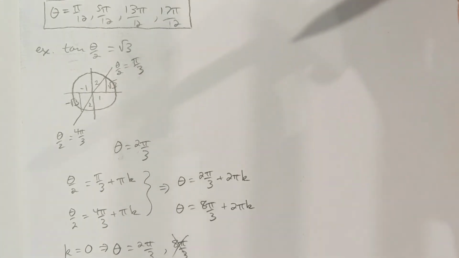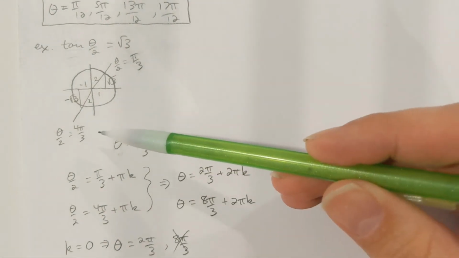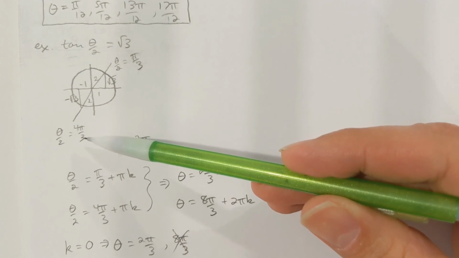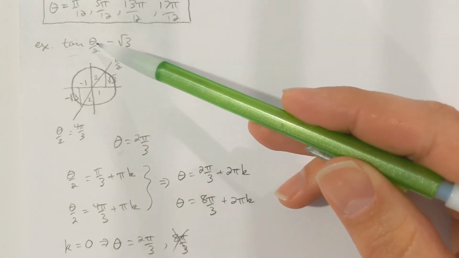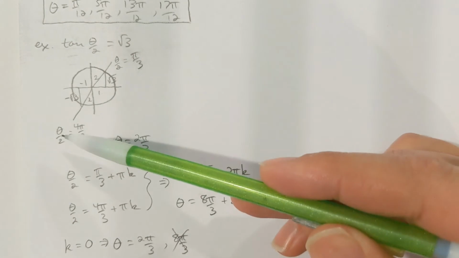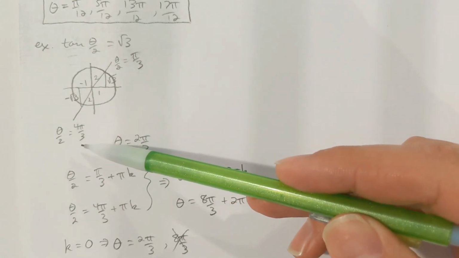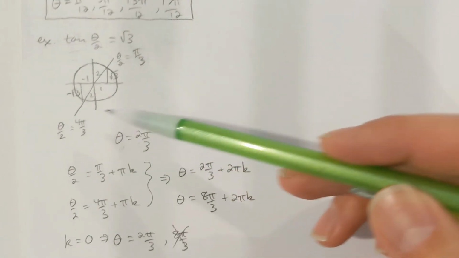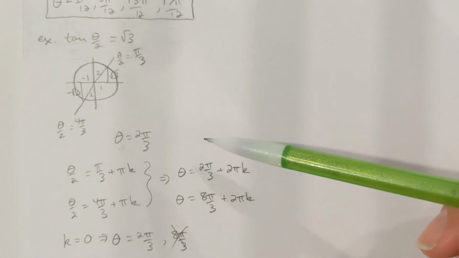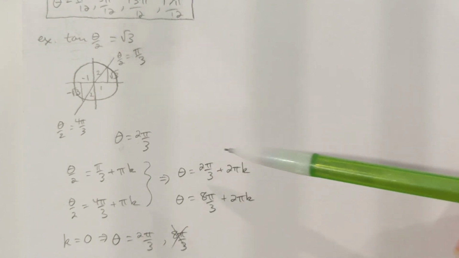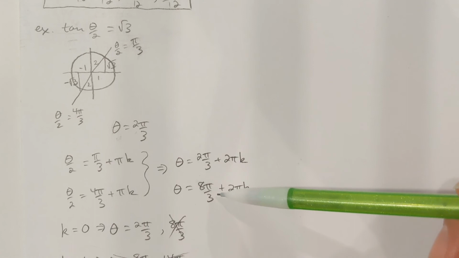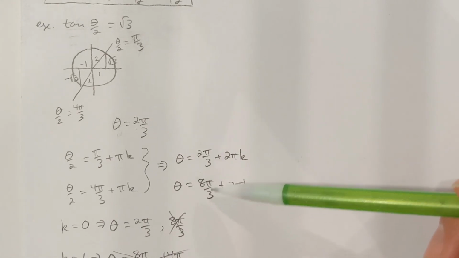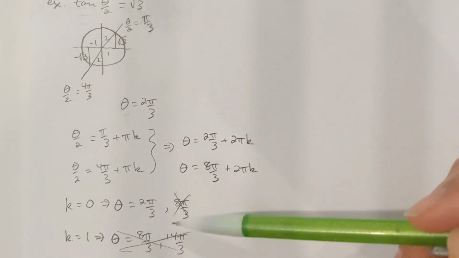Hypotenuse would be 2, and the angle that you'd be referring to there would be 4 pi over 3. Okay, now I don't have tan theta, I've got tan of theta over 2, so theta over 2 would be equal to 4 pi over 3. If you multiply both sides by 2, you're going to get 8 pi over 3. 8 pi over 3 is bigger than 2 pi, so I wouldn't want to include that number here in my answer.